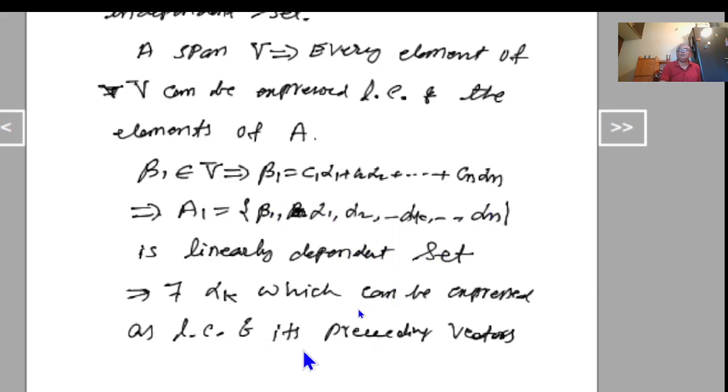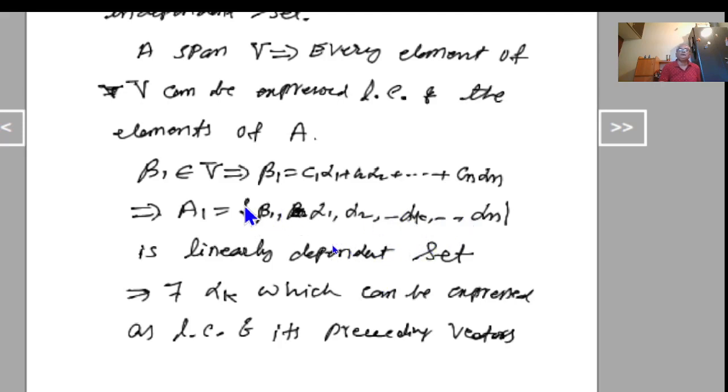Okay, linear combination of its preceding vectors. That means here alpha k can be written in terms of beta 1, alpha 2, up to alpha k minus 1. So that means here, A1 spans the vector space V, every vector of V can be expressed as the linear combination of these vectors. That is here, say D1 beta 1 plus C1 alpha 1 plus C2 alpha 2 plus up to Ck alpha k plus up to Cn alpha n. Then what I do here is I will replace this by these preceding vectors.